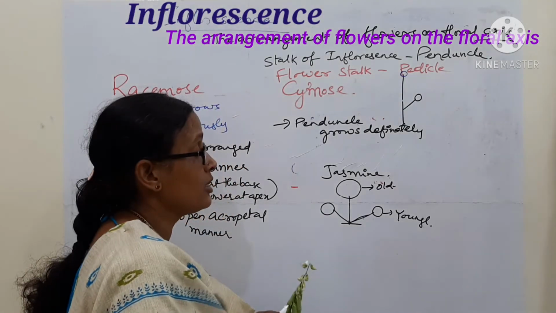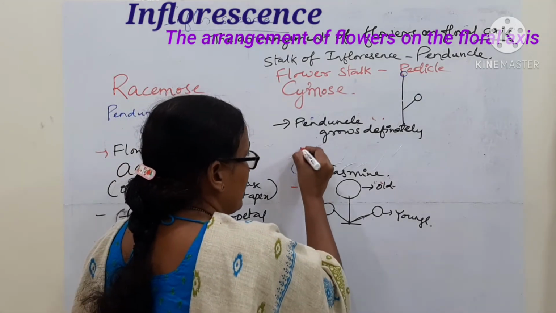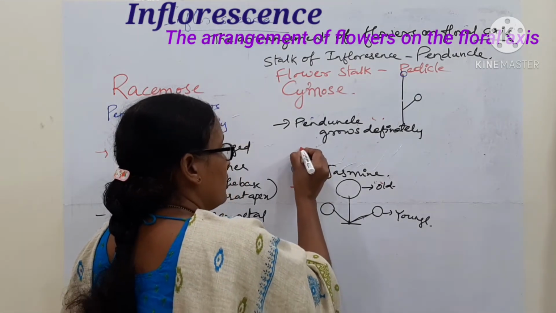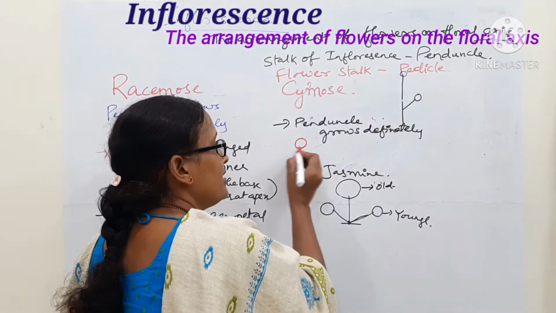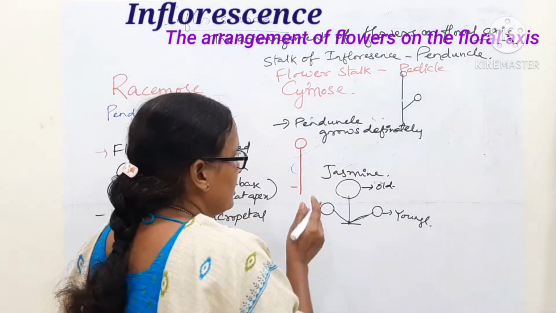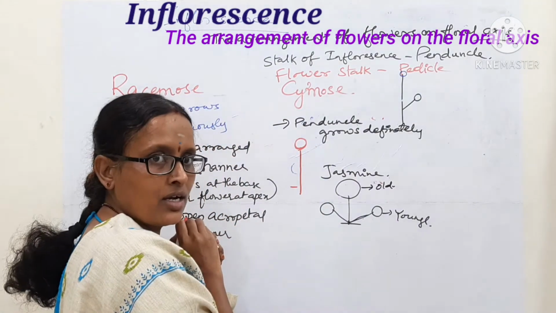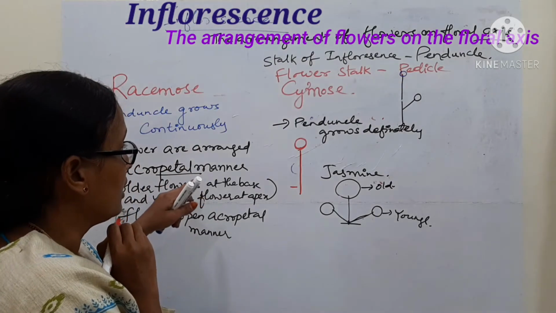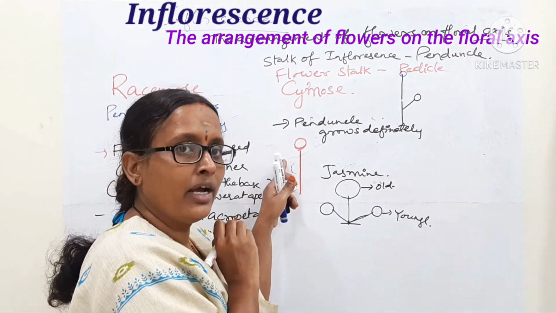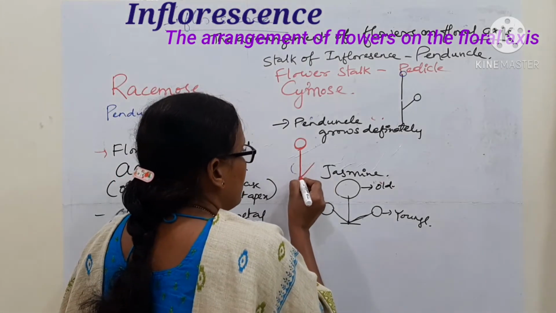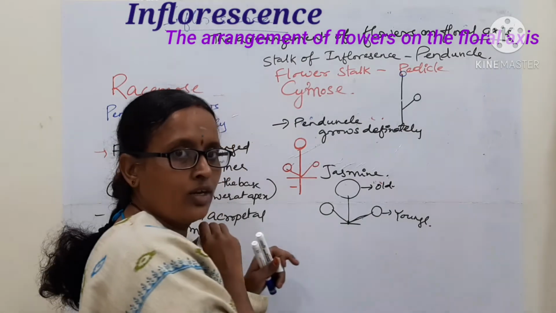In the cymose inflorescence, the peduncle growth is stopped, ending with the flower. The older flower is present at the apex and the younger flowers are at the base. That is the difference.